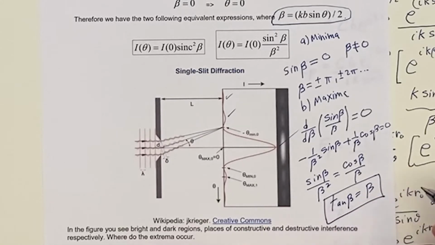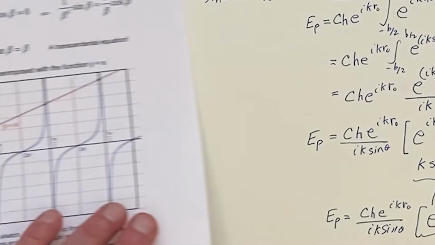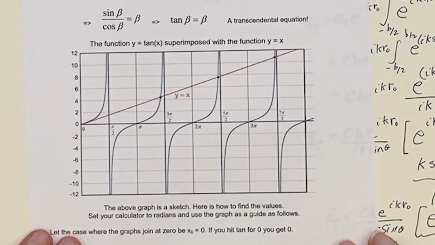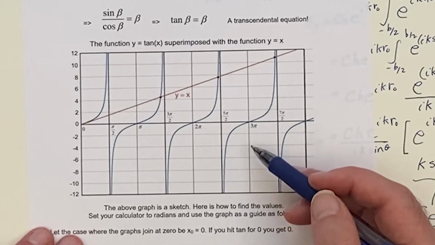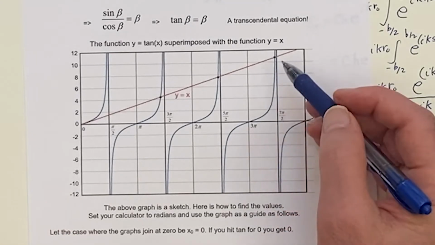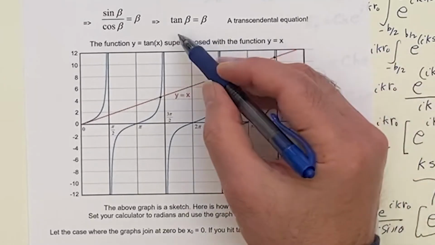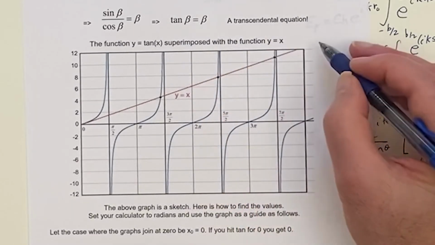That's a transcendental equation. Wild. I remember first seeing that in quantum mechanics, the finite square well. You'll probably see it there. So we use a graphical technique to solve it. In other words, when you have the tangent of beta is beta, think of it like this.